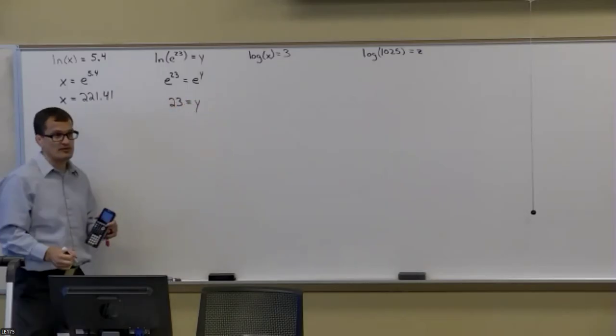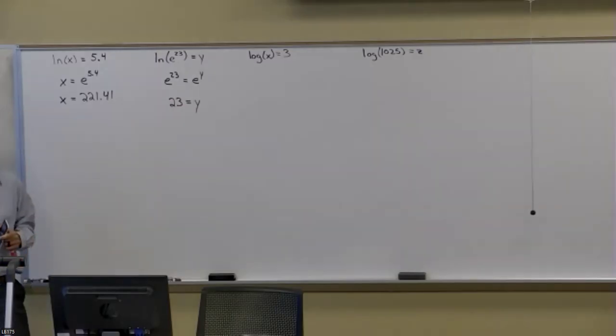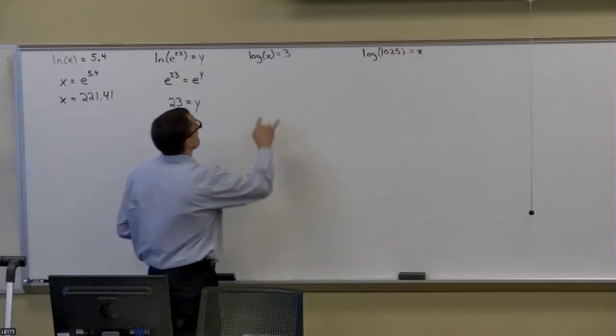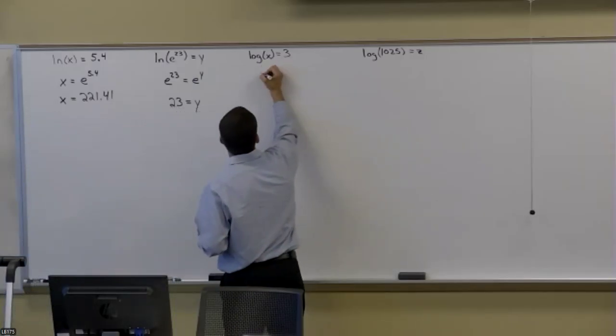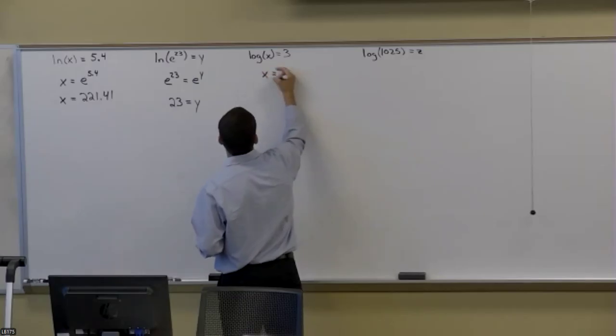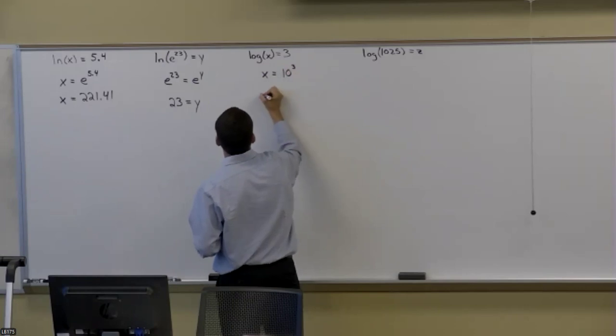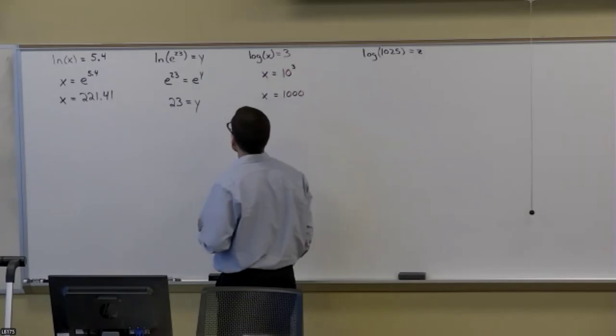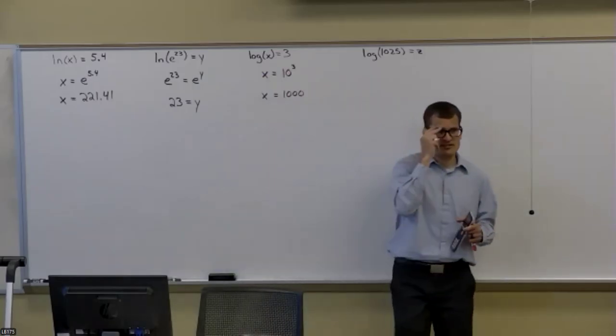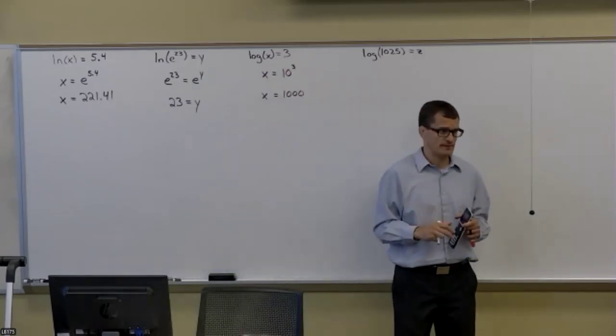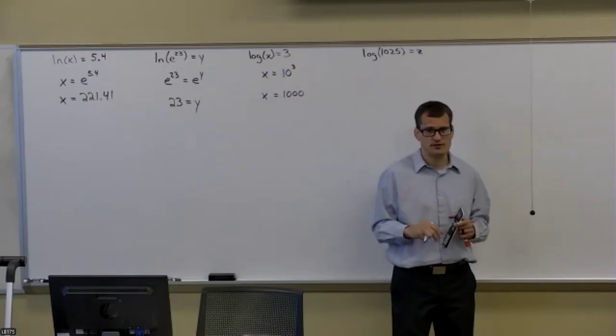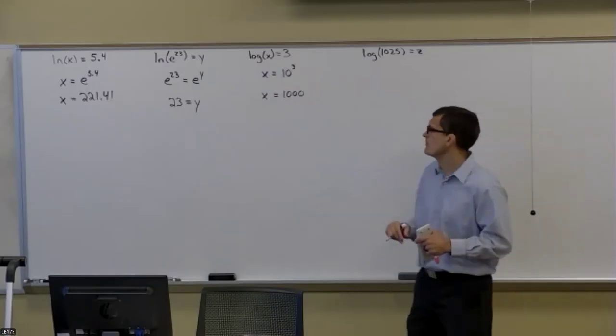Very similar to the previous things, right? This tells me x is equal to base 10 raised to the third power. When you do that calculation, that's 1,000. So log base 10 of 1,000 is equal to 3, because 10 to the third is 1,000.